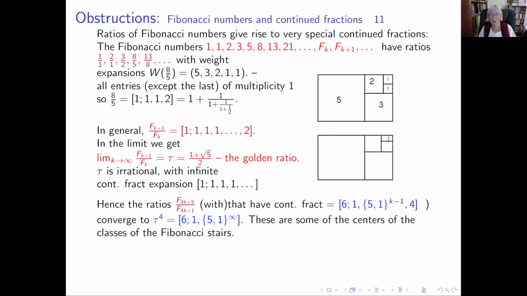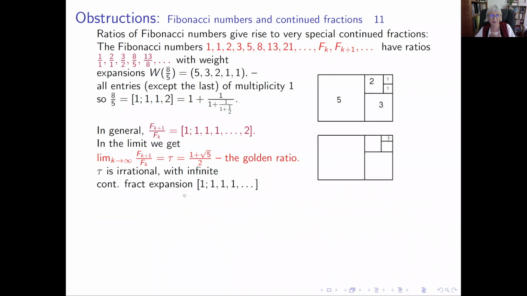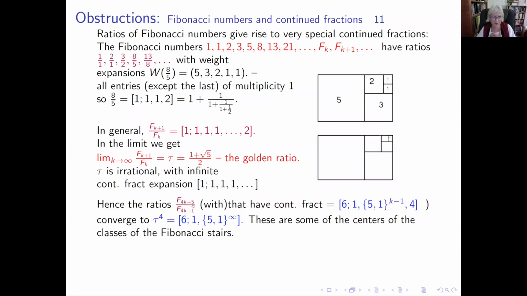And then our Fibonacci stairs are actually governed not by ratios of adjacent Fibonacci numbers, but ones which are 4 apart. And the ones that are 4 apart have lots of repeated 5 1s. They don't have repeated 1 1s, but they have repeated 5 1s. And this one ends with a 4, because I've got a 5 and a 3. And if I'd had the other pair, 7 and 3, I would have got a different end there.